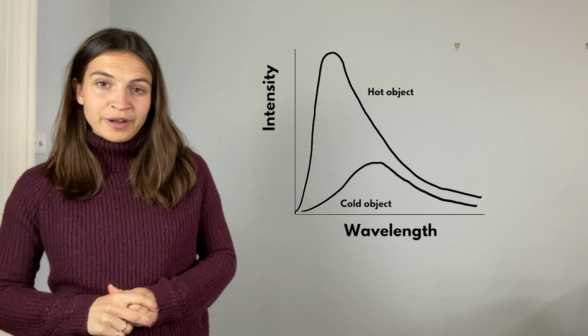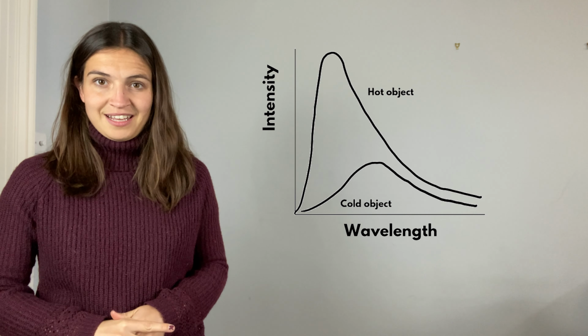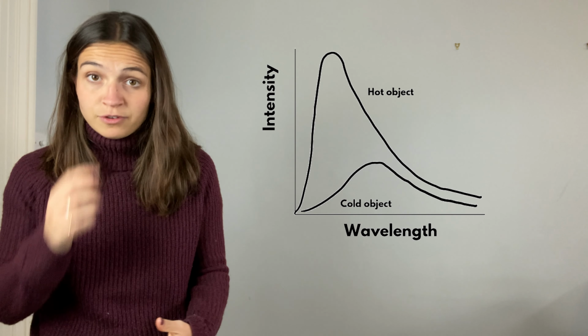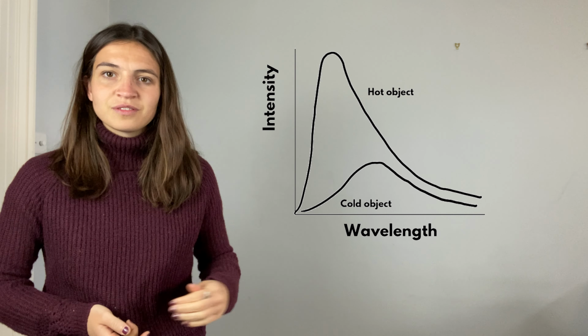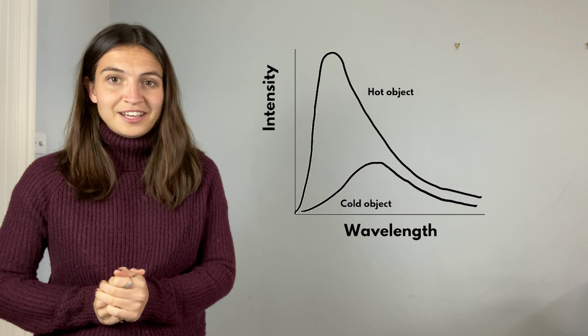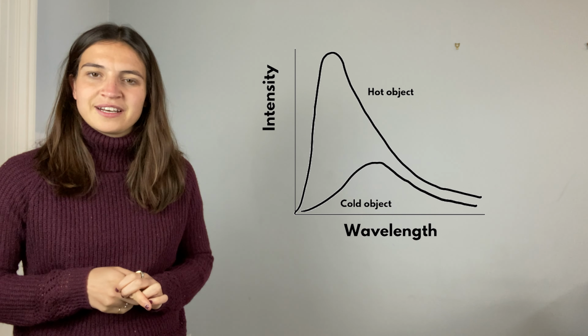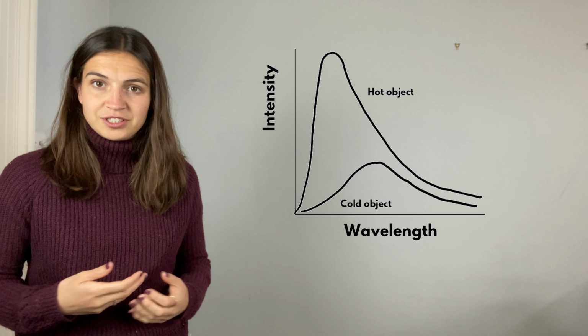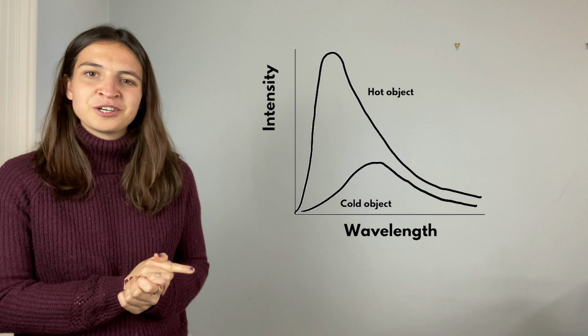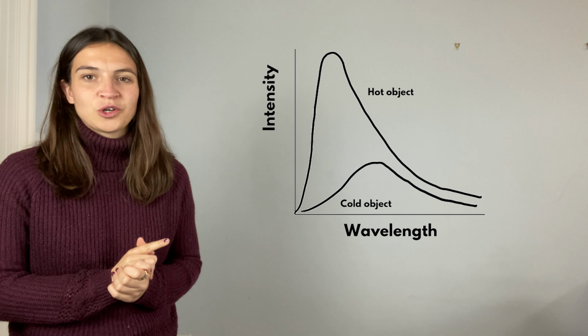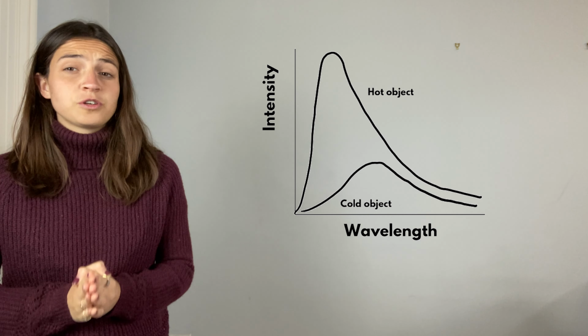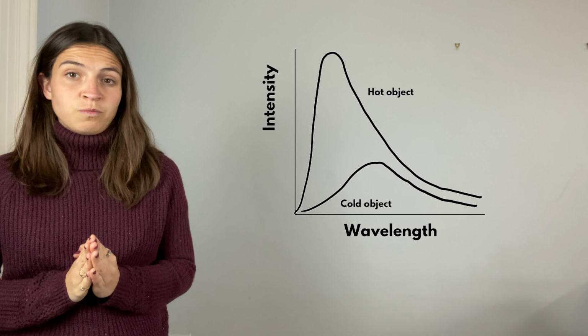This is a graph which shows the intensity of radiation which is released from objects depending on the wavelength of radiation that you are looking at. And each of these different lines represents objects of different temperatures. This one is a colder object and this one is a hotter object. So it's not too bad if we look at the different features one by one.